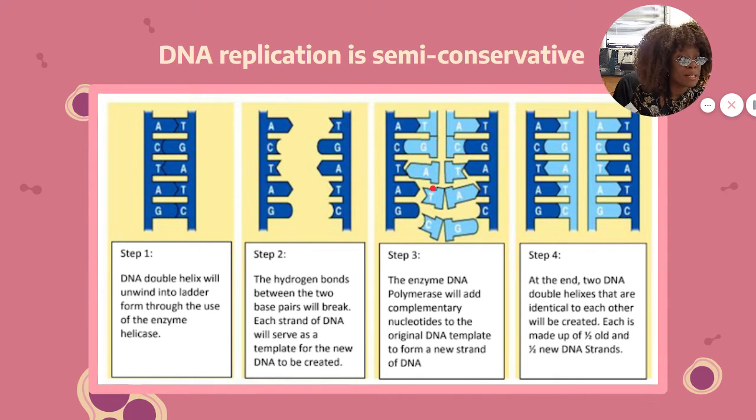Okay. In the end, we have half of our molecule that is original and half of it that is newly synthesized. That is what is known as semi-conservative. Semi means half, right? So we have half of it is conserved and half of it is new, so it's semi-conservative.